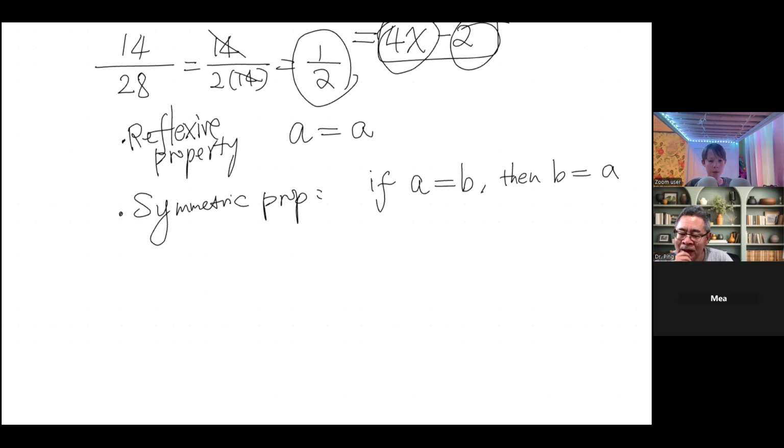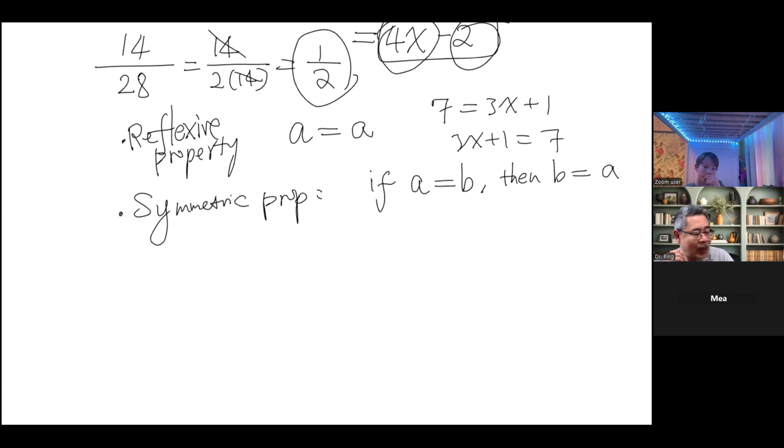When we say something is equal to something, we can just flip it. And we use that. Remember in the past, if we got something like 7 equals 3x plus 1, we can say, okay, I like to have my variable on the left. So we can rewrite it as 3x plus 1 equal to 7. So this is the symmetric property we just used.